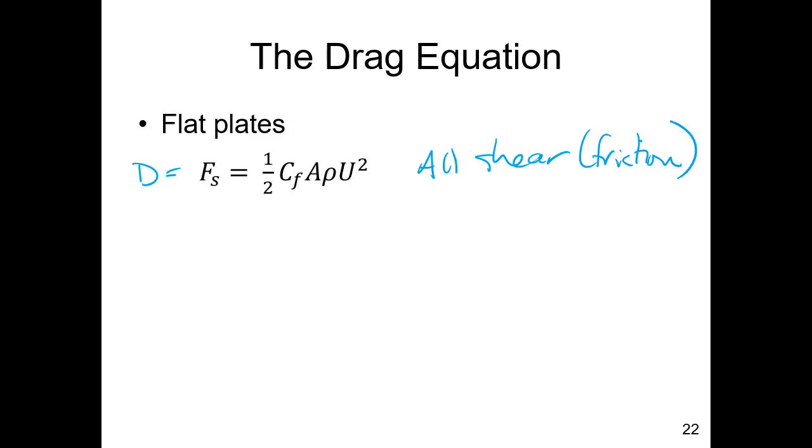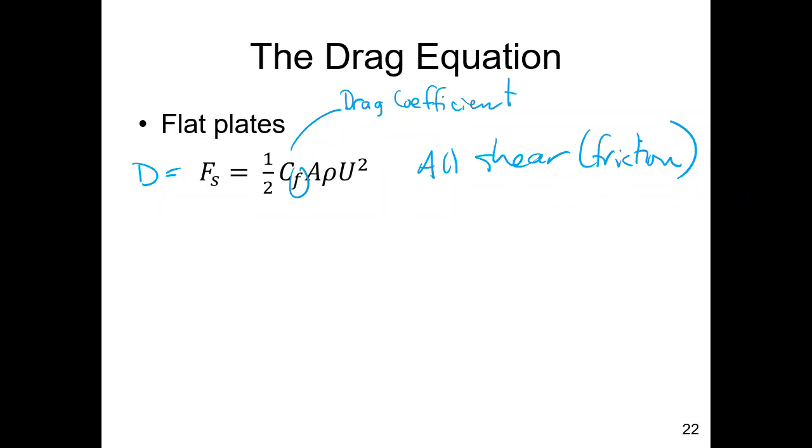Because the boundary layer was over the entire flat plate, and there was no wake. Without a wake, you don't get a change in pressure from the front to the back. So all the drag force is shear, and C sub F is a drag coefficient. But that subscript on C is indicating it's a drag coefficient only due to shear friction.